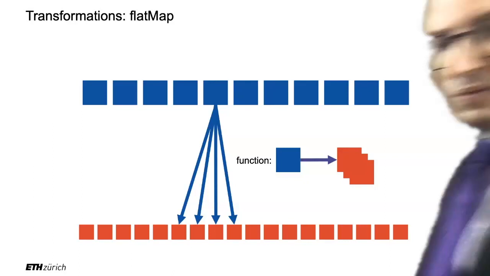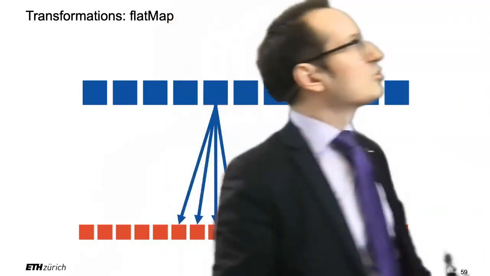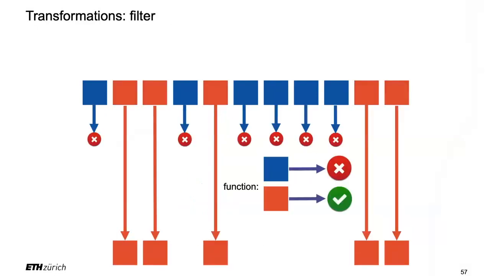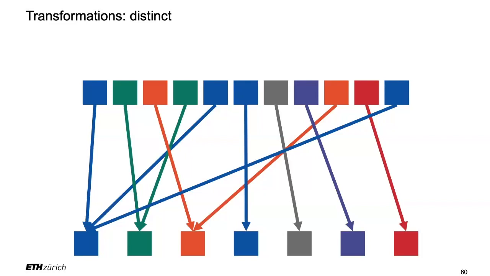Let me then continue with the transformations. So we saw 3 of them: filter, map, flatMap. Here's another one. It's called distinct. Distinct is basically eliminating duplicates.